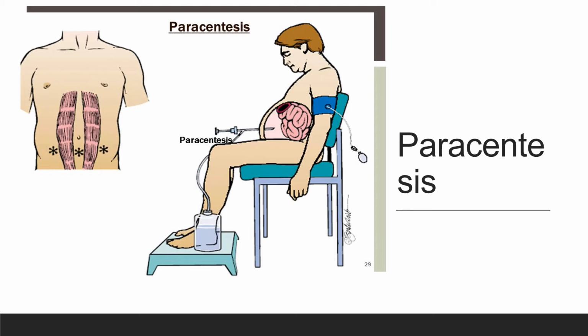This procedure may be done at home with the patient in cases of malignant disease, in which the goal is to just manage the symptoms of ascites. And in those cases, a Pleurx catheter is inserted into the abdomen. And that's used to drain the ascites.